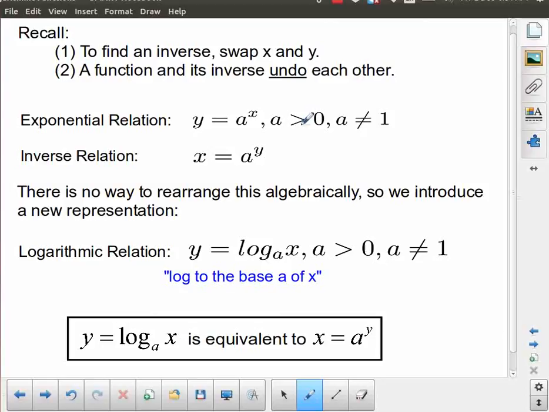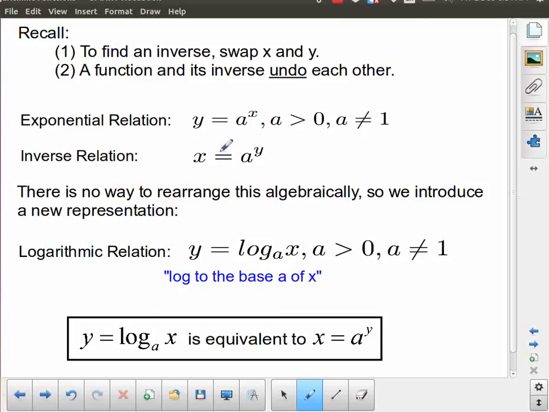If you put in a negative value for a, there are going to be values of x that give you, for example, a square root of a negative number, that sort of thing. So negative values get excluded, and 1 gets excluded because 1 to the x is always 1. Well, that's not an exponential function. So we start with this as our standard parent function for the exponential.